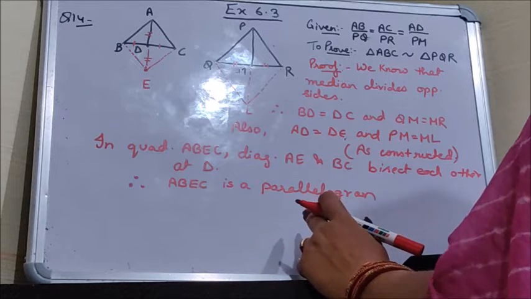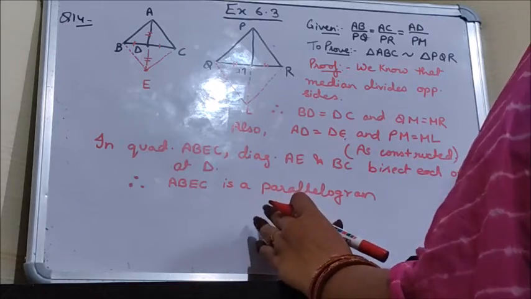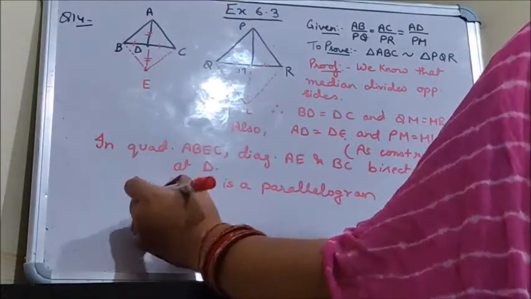Similarly, since ABEC is a parallelogram, you all know that opposite sides are equal.